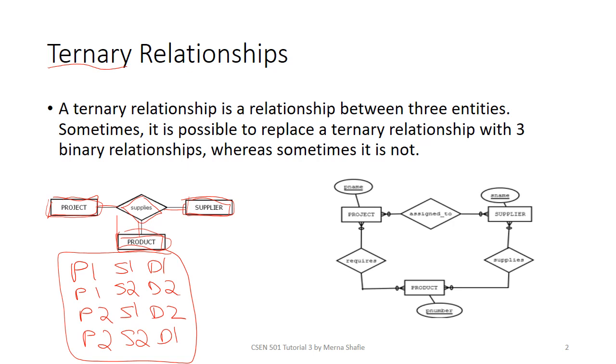Now, let's think of splitting this relationship into binary relations. So I have the project, I have the supplier, and I have the product, and I'm splitting this relationship into three. So what I'm going to do is the following. The project has a relationship, requires, with product.